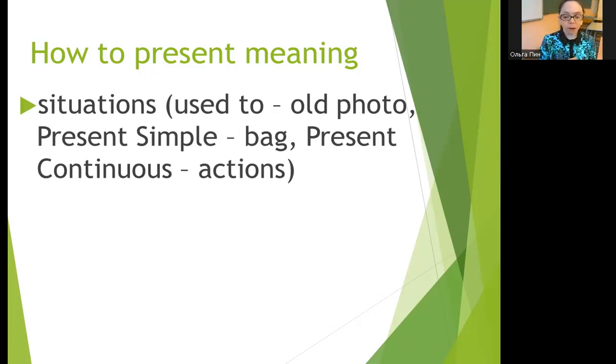A great way to present present simple is to bring a bag full of different minor stuff, different bric-a-brac, and ask students to guess something about the owner of this bag.